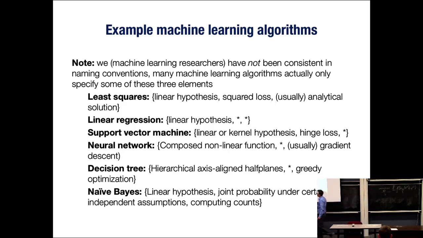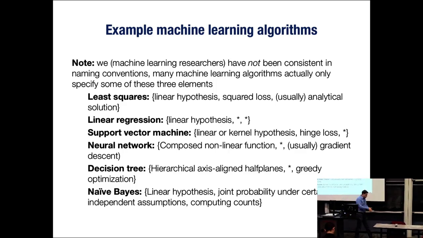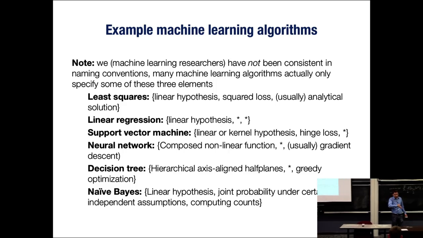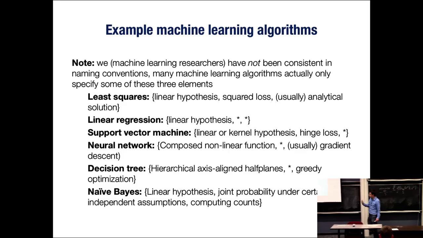Decision trees. They're sort of trees of decisions you can go down. So you basically look at one feature and ask, is this one bigger or less than a certain value? If it's less than, you go down some other path. But what this actually represents, from a hypothesis standpoint, is the final function: these are actually nested half planes, where everything on this side of the space goes down one path, everything over here goes down another path.